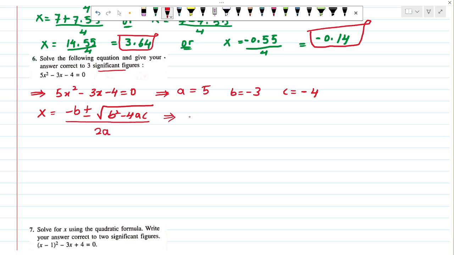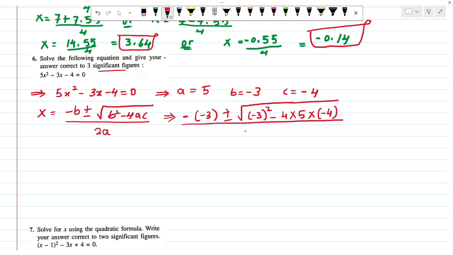If I substitute, I'll write the value of minus b as minus of minus 3, plus or minus root of b square, minus 3 whole square, minus 4 into a value is 5 into c value is minus 4, divided by 2 into a, 2 into a is 5.